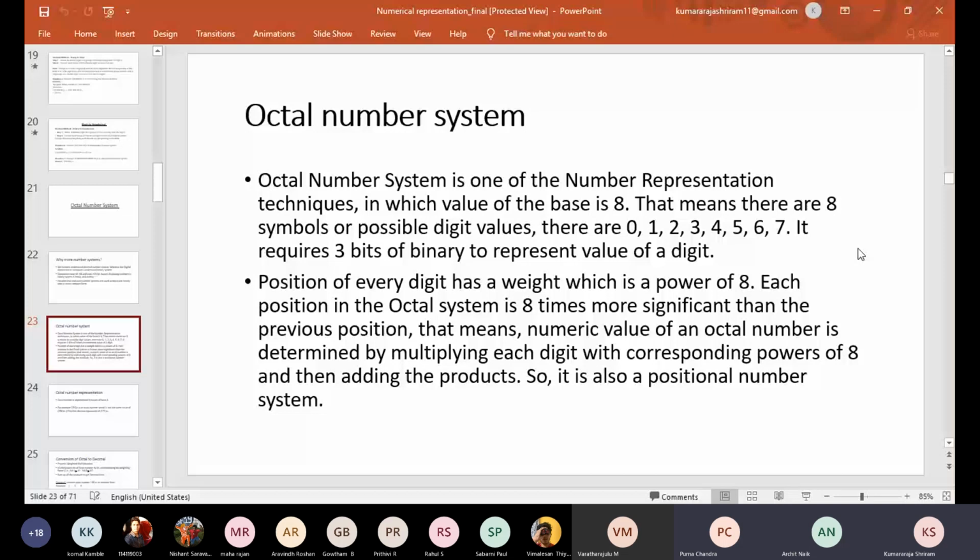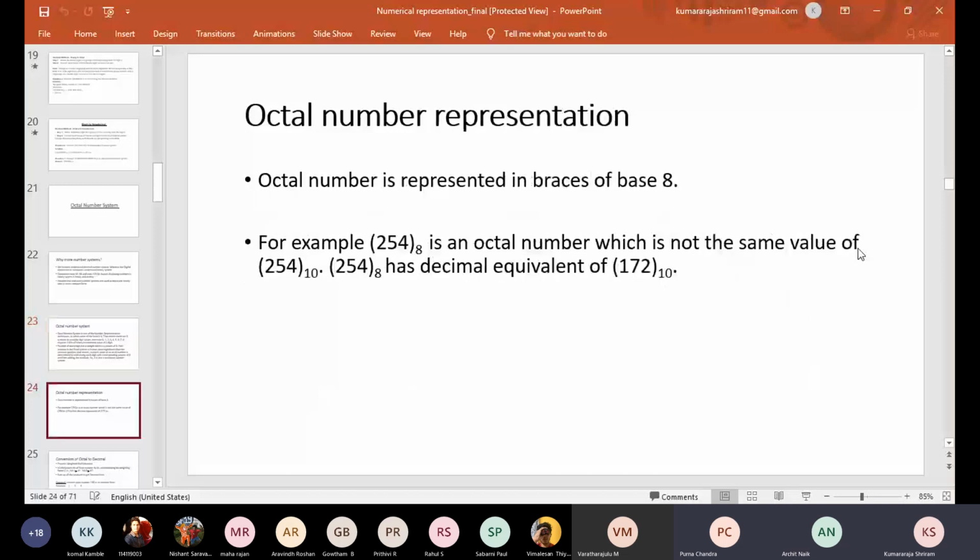Each position in the octal number system is 8 times more significant than the previous position. That means the numerical value of an octal number is determined by multiplying each digit with the corresponding power of 8 and then adding the products. So we can say that it is a positional number system, depending on the position of the digit value. Next slide.